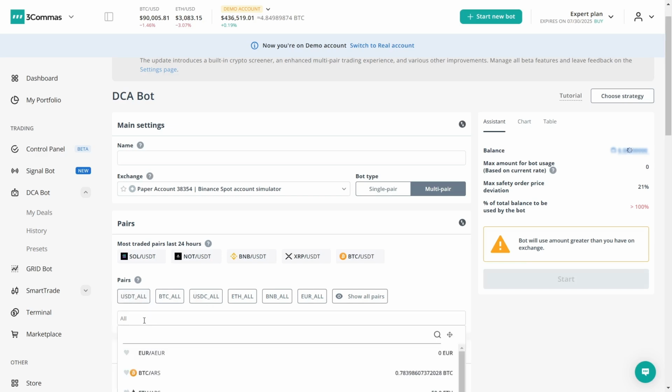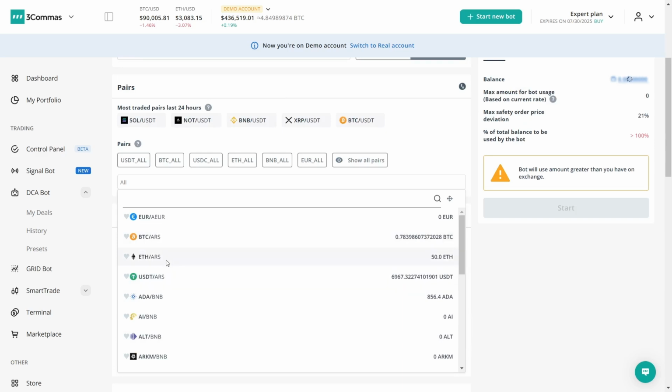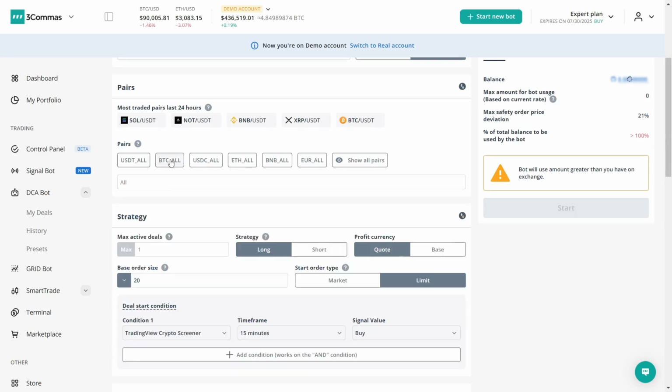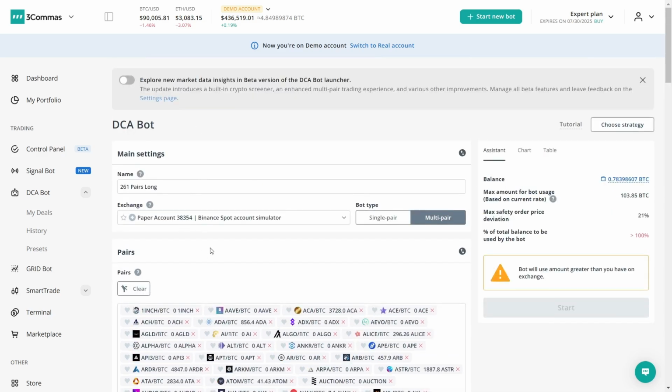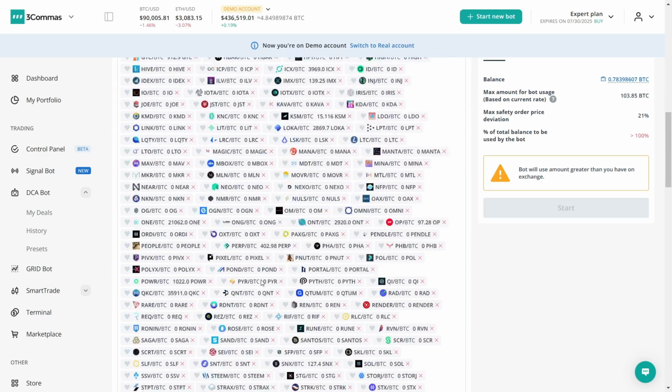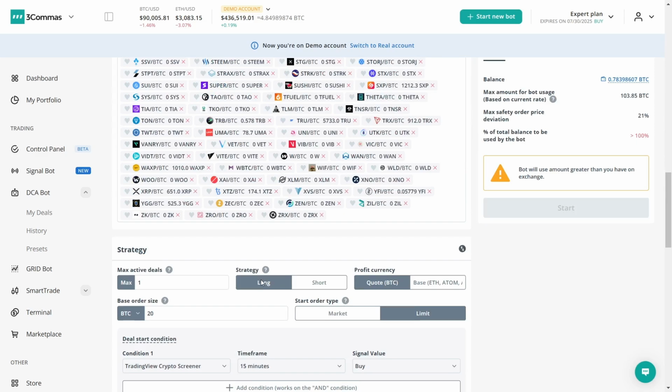You can choose one pair at a time here, or you can just choose BTC all if you want to trade all pairs based on BTC. On 3Commas they call BTC the quote currency, and the coin the base currency. Anyway, once you click BTC all, all BTC pairs are included here for you.